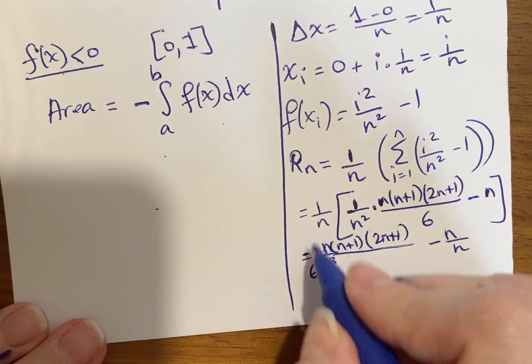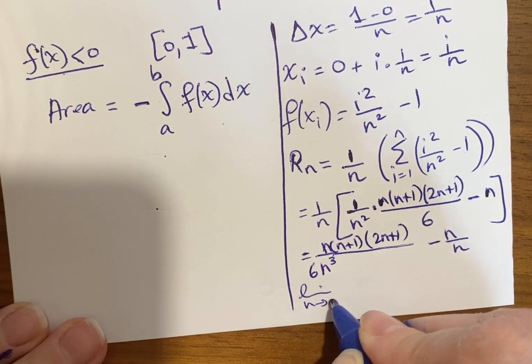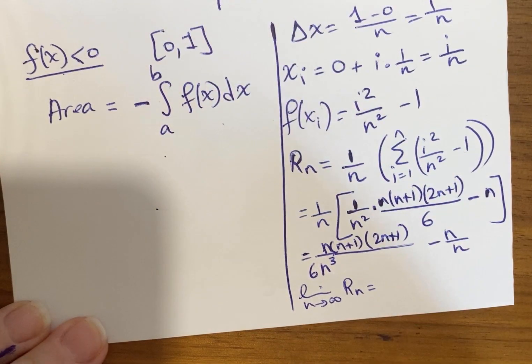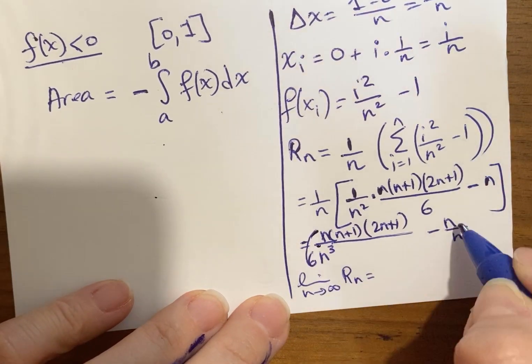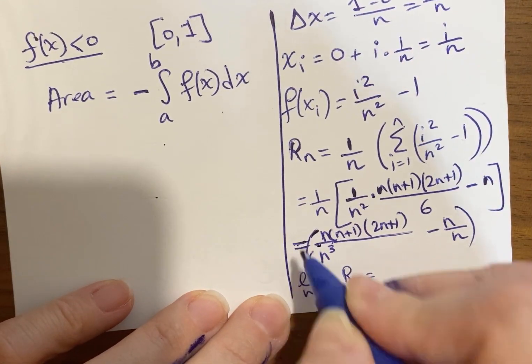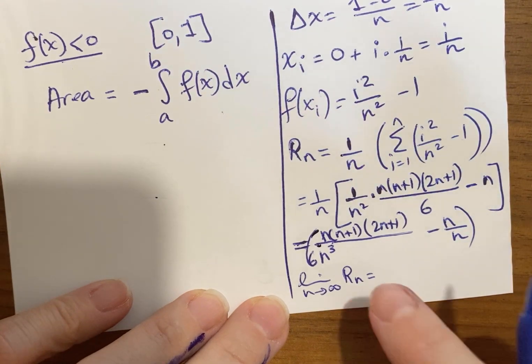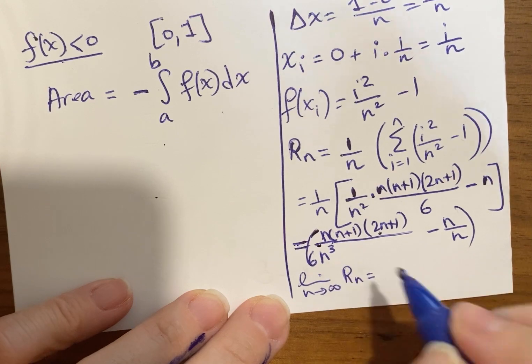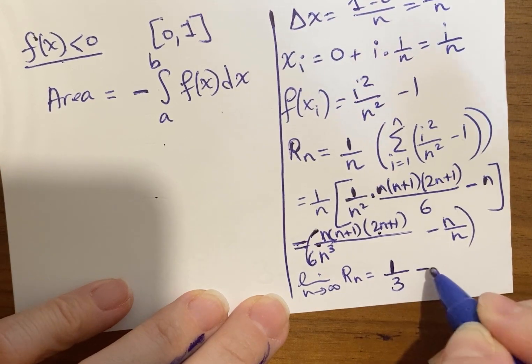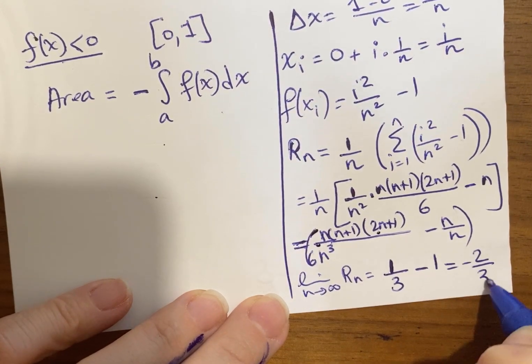So what is the limit of Rn as n approaches infinity? The limit of Rn as n approaches infinity will be equal to how much? 2n cubed over 6n cubed is 1 over 3, minus 1, it's minus 2 over 3.